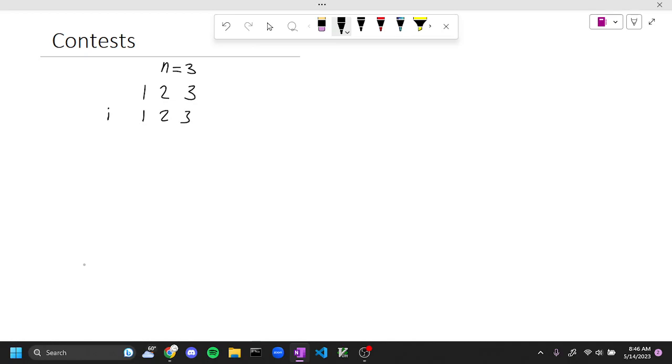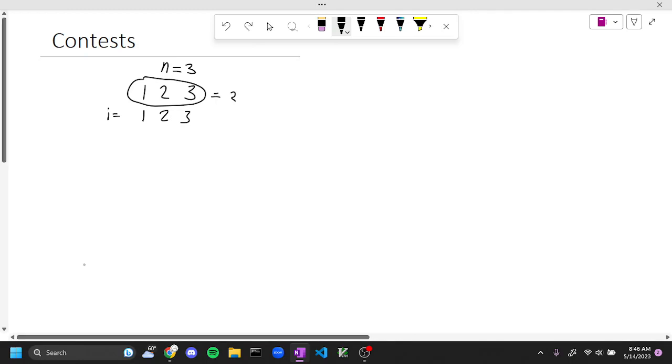So let's write down i equals index. If this is your output, it would in fact work, because 1 is divisible by 1, 2 is divisible by 2, 3 is divisible by 3, and the sum of 1, 2, and 3 is 6, which is divisible by 3. Or I could write it like this: 3 divides 6. So that would work.